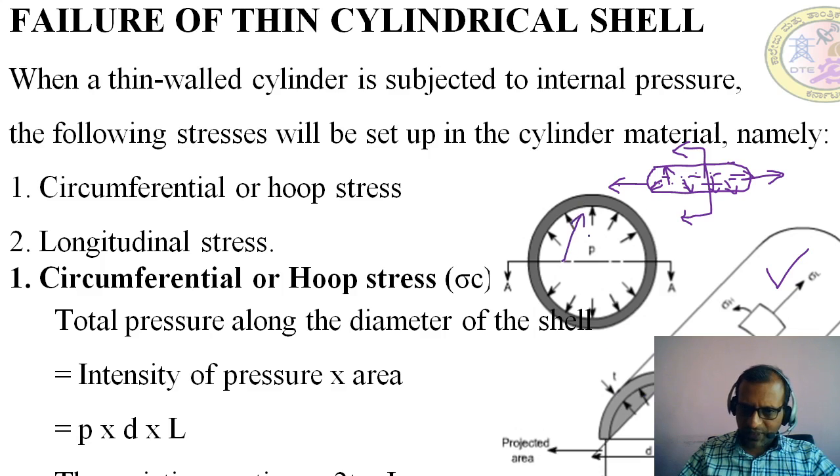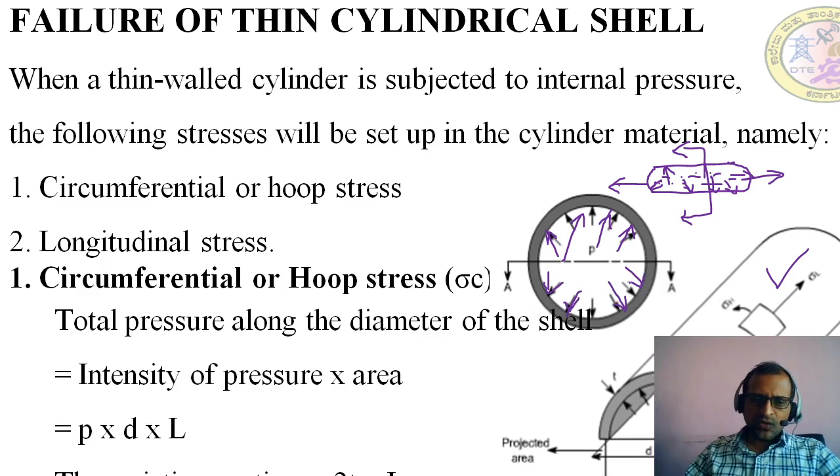If the pressure is put like this, it is along the diameter, or I can say it is circumferential, along the circumference, right? So the total pressure along the diameter of the cell. How do we find out the total pressure along the diameter of the cell?